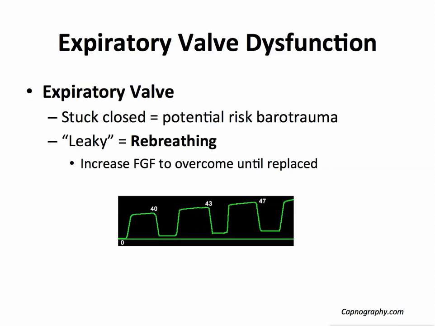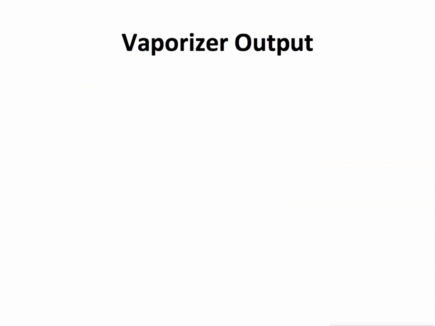Usually it's leaky, however, and you can get that rebreathing pattern of an increase in baseline CO2 as evidenced here in the graphic. But notice the square waveform is somewhat maintained as opposed to the inspiratory valve malfunction. And again, you can increase your fresh gas flow to overcome this issue of rebreathing until the expiratory valve is replaced.